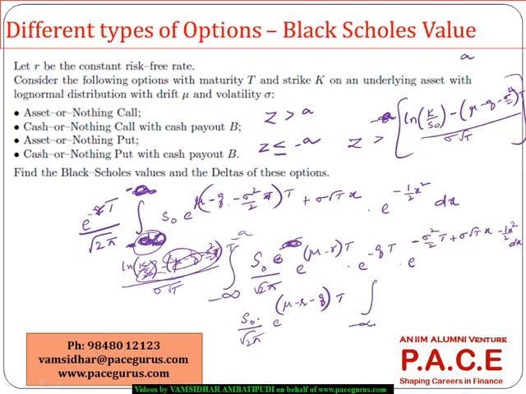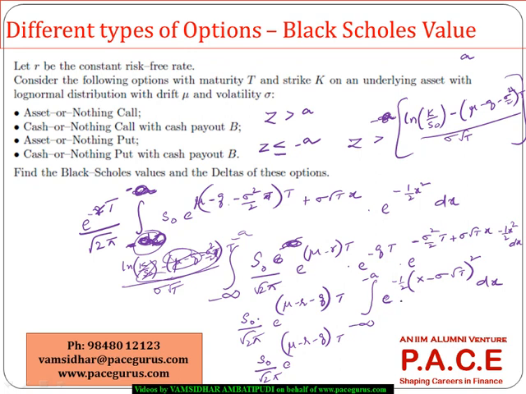So I will integrate between minus infinity to minus a. If I am looking at e to the power of minus half, I am taking out x squared minus 2 sigma root t x plus sigma squared t. So it is coming out as x minus sigma root t whole squared dx. So this is again S naught by square root of 2 pi e power mu minus r minus q times t.